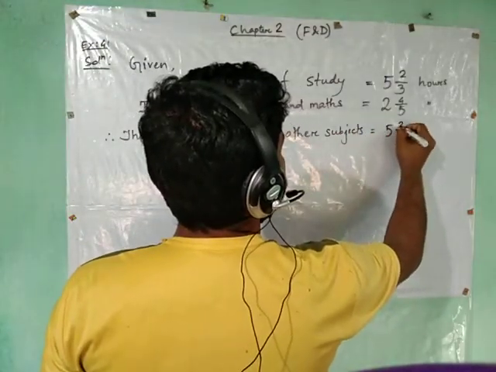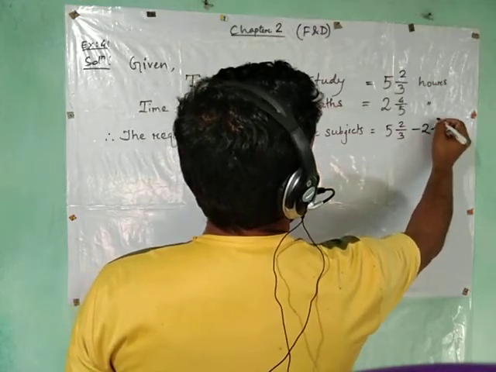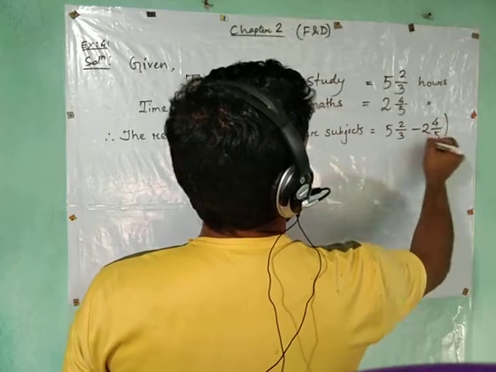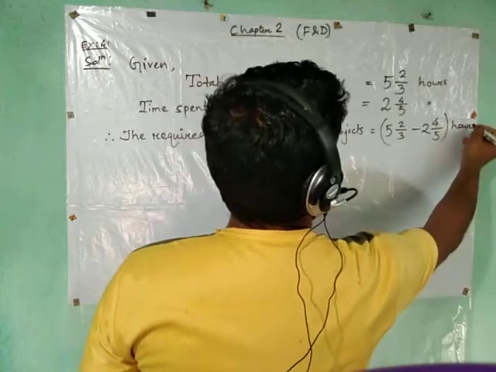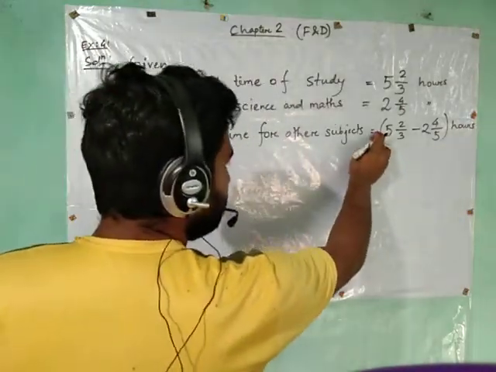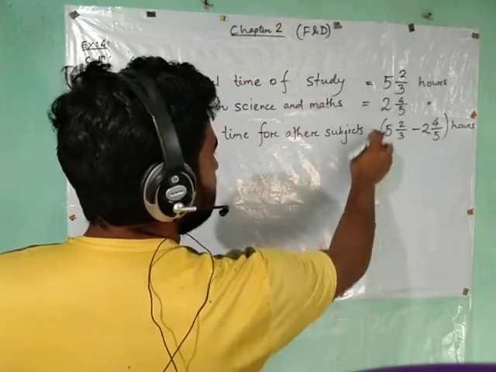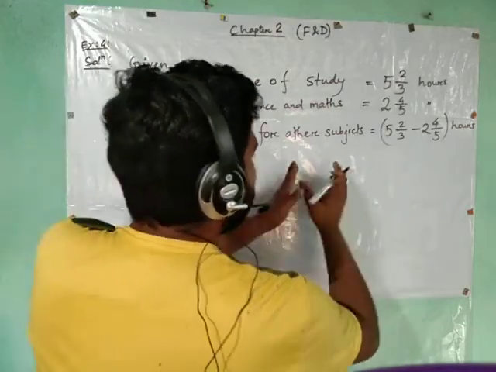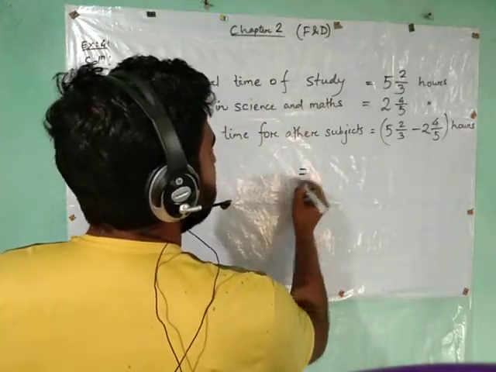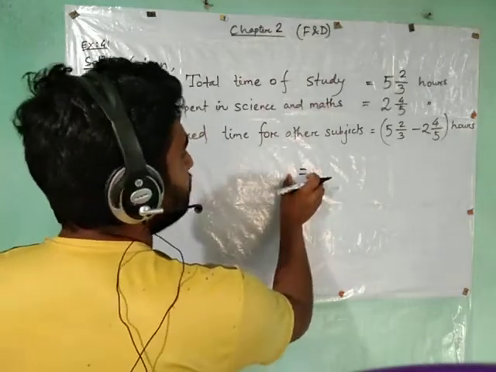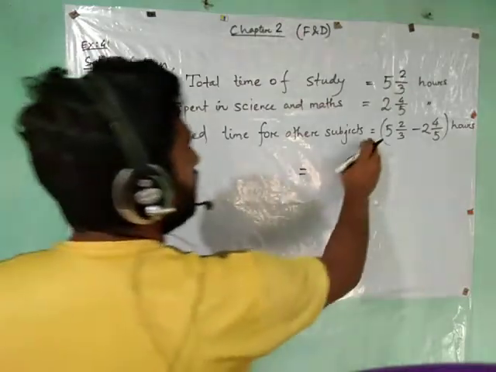Which one is greater? 5 2/3 is greater, minus 2 4/5. This is what? Hours. I hope you got it. Now you put this equal sign right below this equal sign, but for me I need some space here, but here no space is available, so I am starting it from here. But you don't start it from here, you have to start right below the above equal sign.